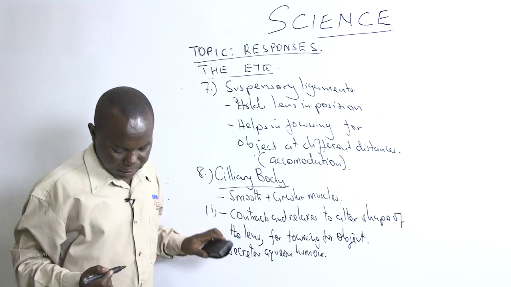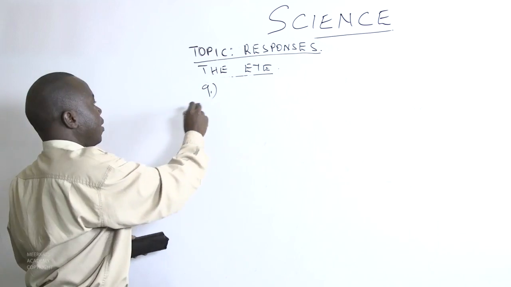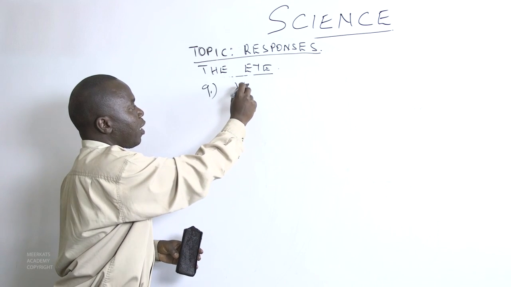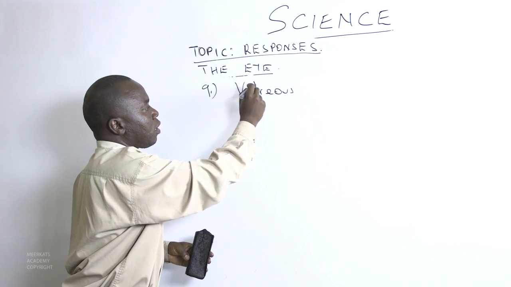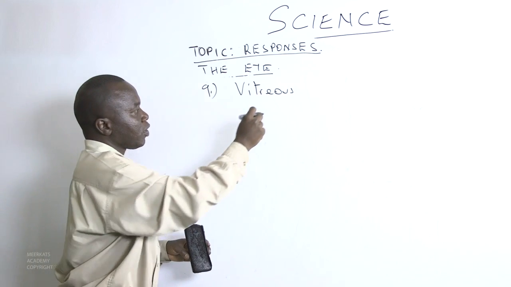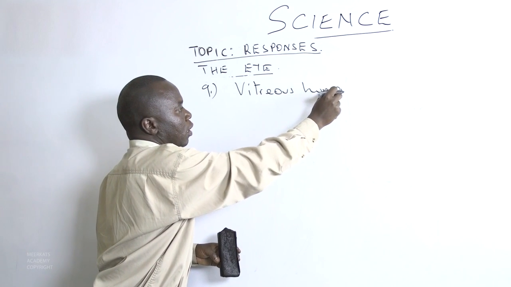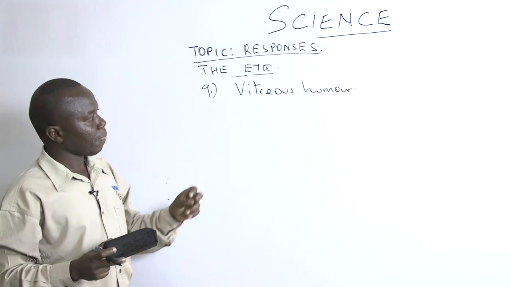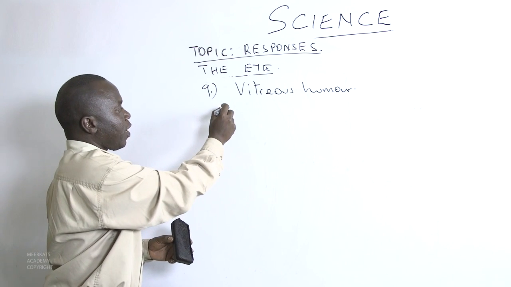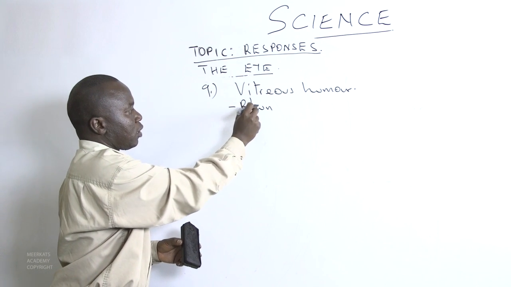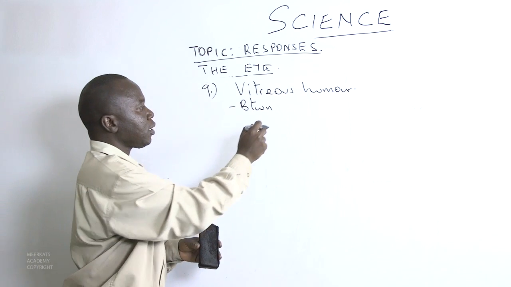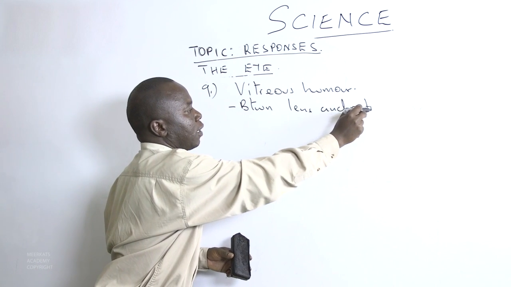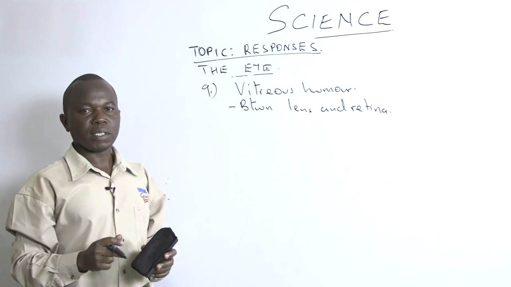Structure number 9. After the lens, we have a chamber, and in this chamber we have a liquid called vitreous humor. This is also a colorless, jelly-like liquid, but it is found between the lens and retina.